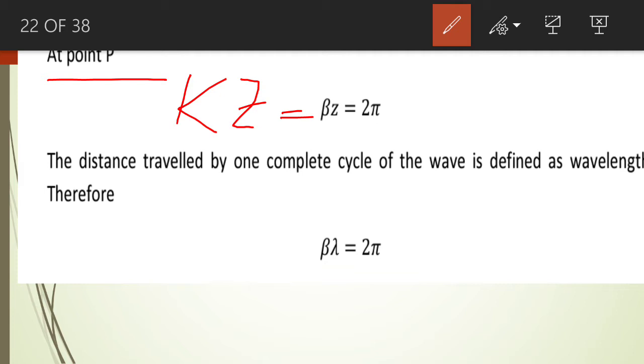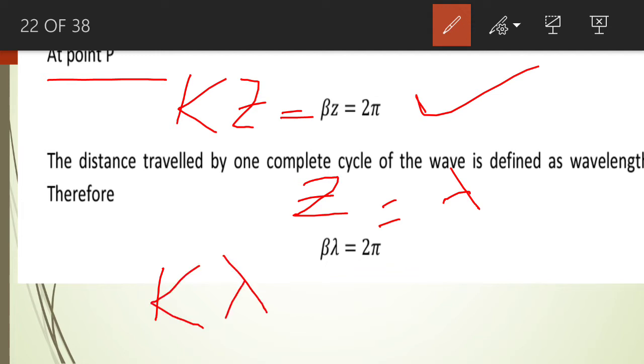And we know that at point P, the distance is equal to the wavelength of the electromagnetic wave. So we replace z in this equation by lambda. So k lambda will be equal to 2 pi radian.